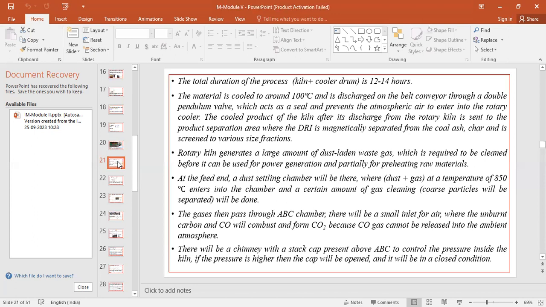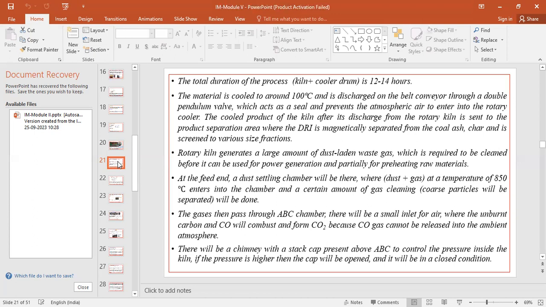So it is environmental friendly if you release CO2 into the ambient atmosphere rather than some CO. So if at all any carbon monoxide is unconverted into CO2, that will be burnt in the ABC by passing a small amount of oxygen through a small inlet, where the unburnt carbon as well as CO will be combusted and form CO2.